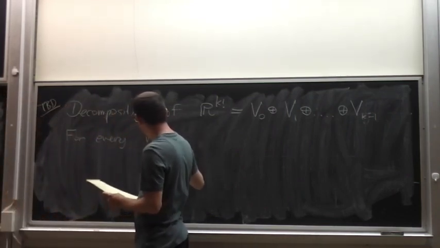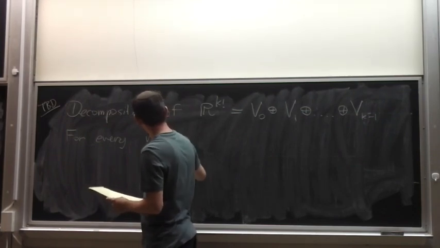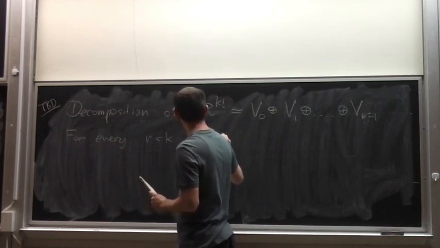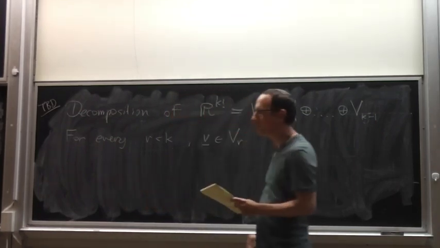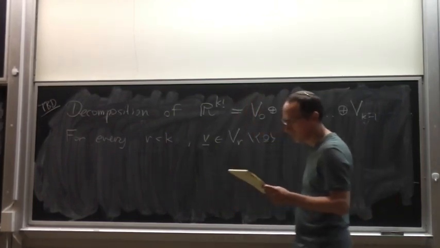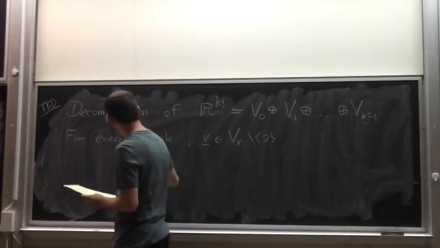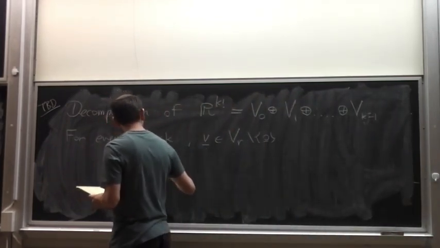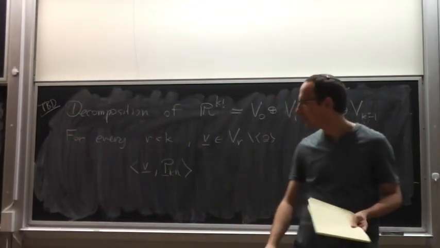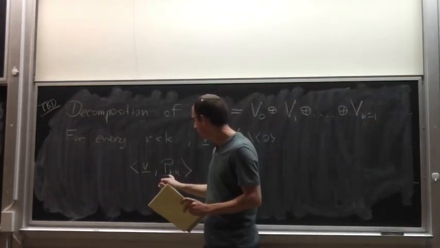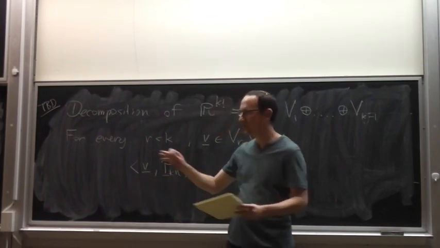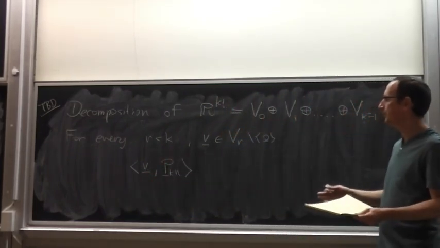For every r, and a non-zero vector in the r-th component of the space, we project the random profile along this direction. So we take the scalar product, the inner product, of this random variable with this fixed direction. So this gives us some random variable.